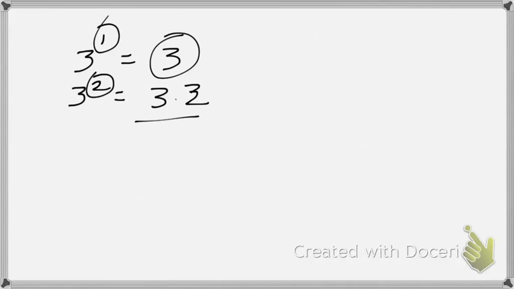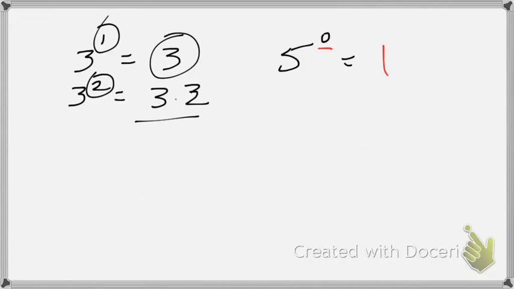The next special rule, I guess you could say, is what if you have a 0 up here as an exponent? Without going into the theory of why it works, let's just know that any number or letter, absolutely anything that has a 0 for an exponent, is going to give you an answer of 1.